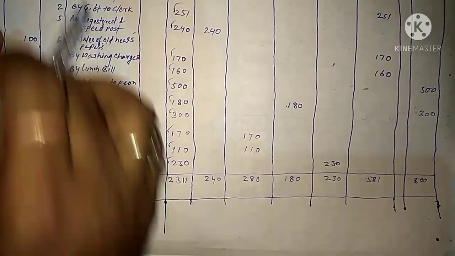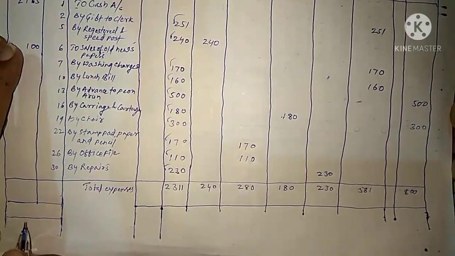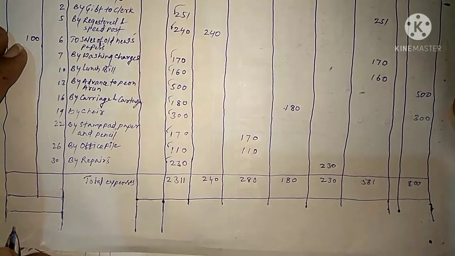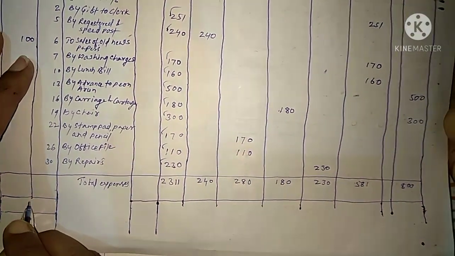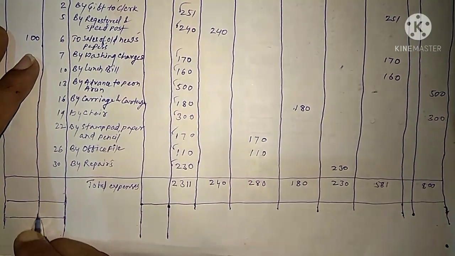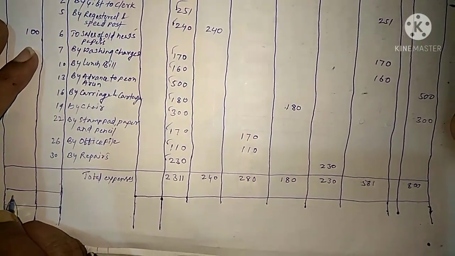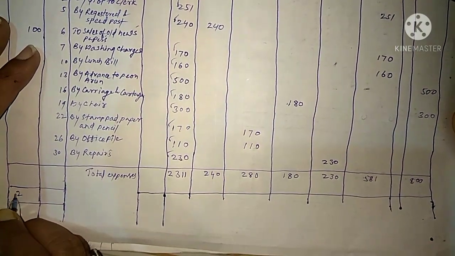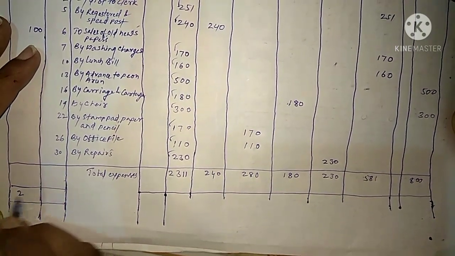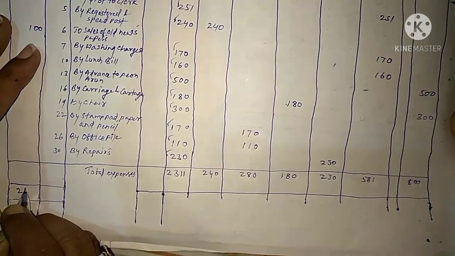and now we have to take the total of this amount received. It will come 2600. Here we have to drop one line, and in second line we have to write 2600.